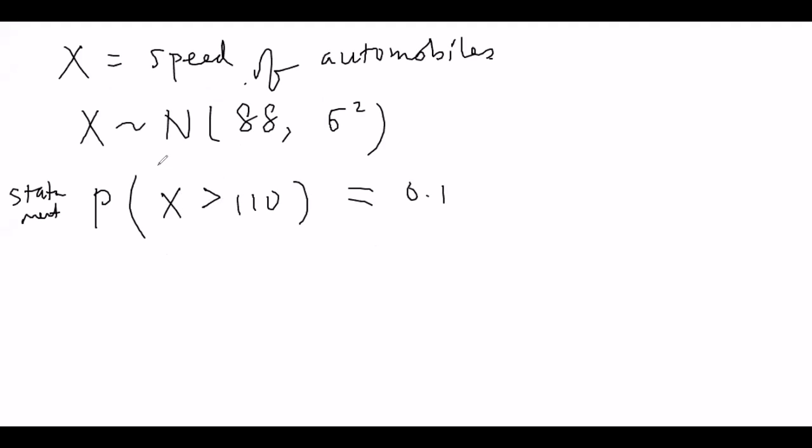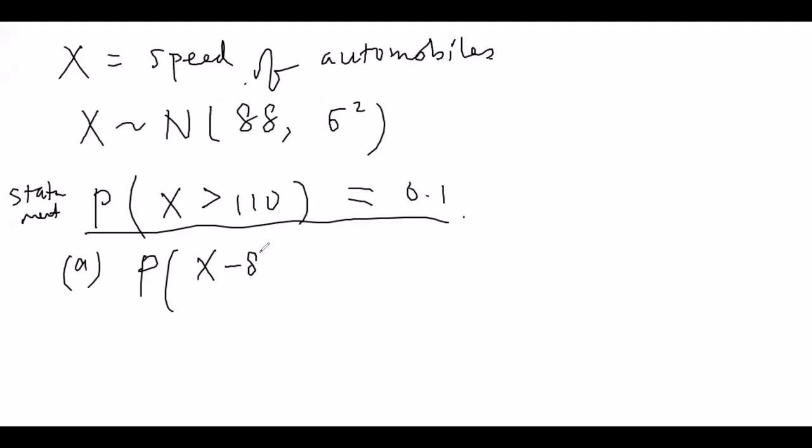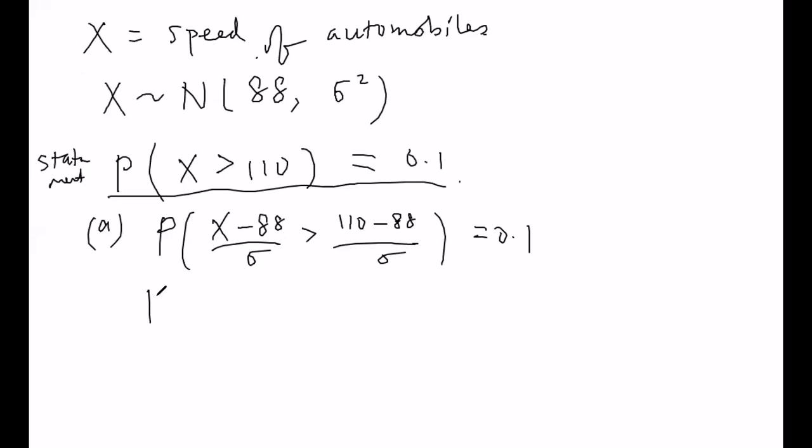So from here, actually, you can recover the standard deviation by normalization. If you normalize, this will be (110 minus 88) divided by sigma equals 0.1. Basically, this is your Z greater than 22 over sigma equals 0.1.